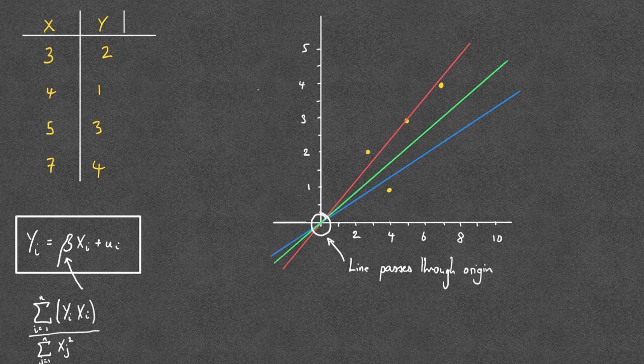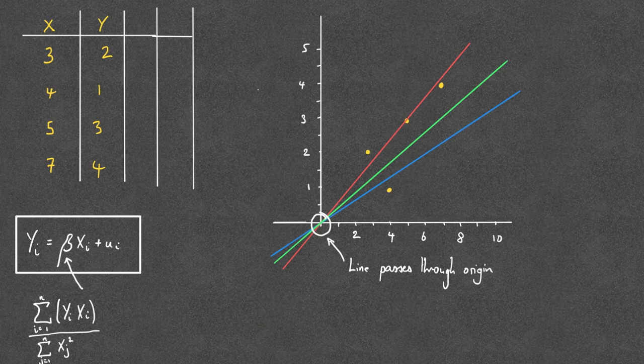So in order to calculate this, let's add another couple of columns to our table of data. We're going to have the observations of y multiplied by x, because in order to construct our estimates, we're going to need y times x for each observation.